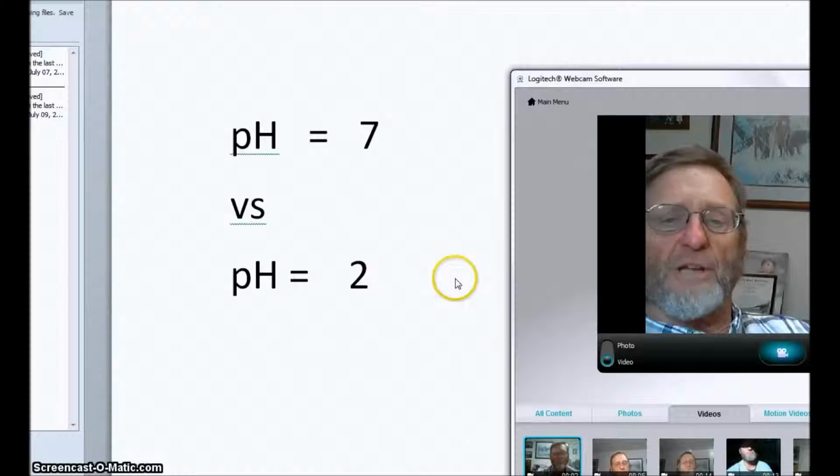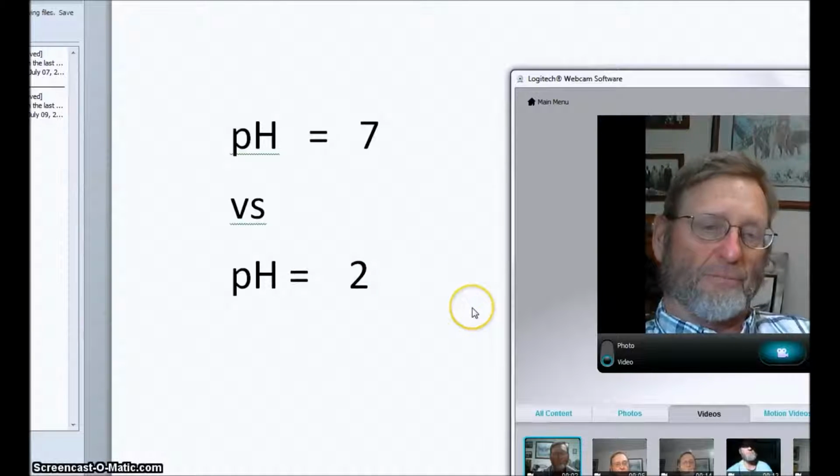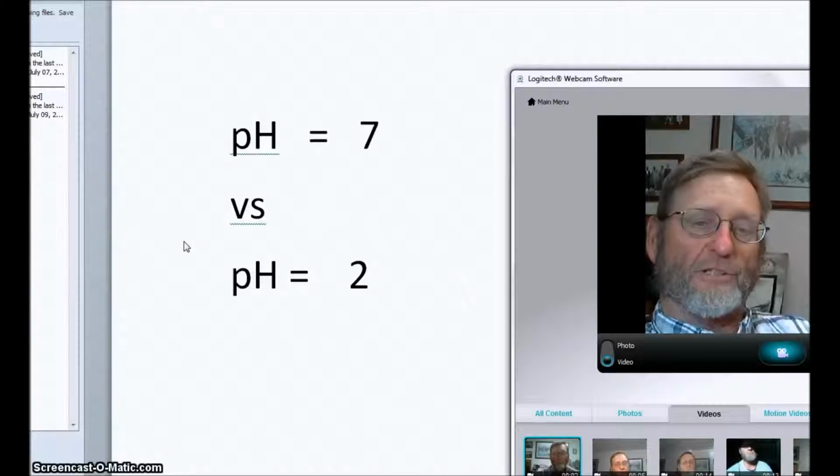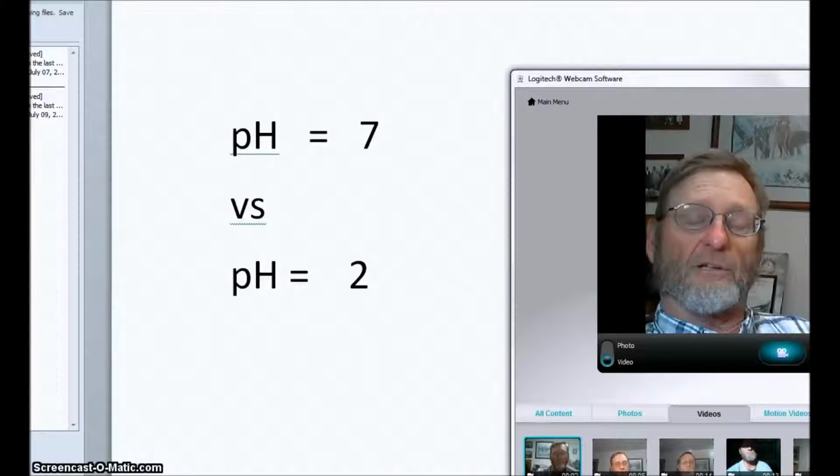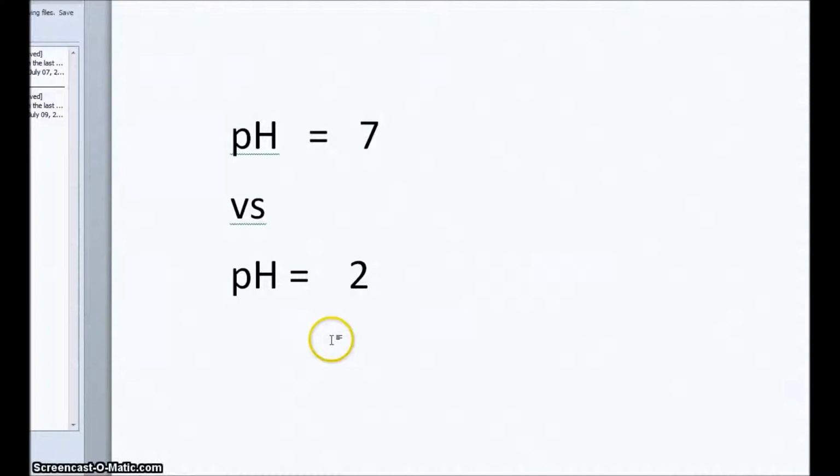A pH of 2 is not 2 moles per liter. Remember that the pH is the negative log of the hydrogen ion concentration. So what does that mean? Well, negative log 2 is 0.01. It's 2 decimal places less than 0.